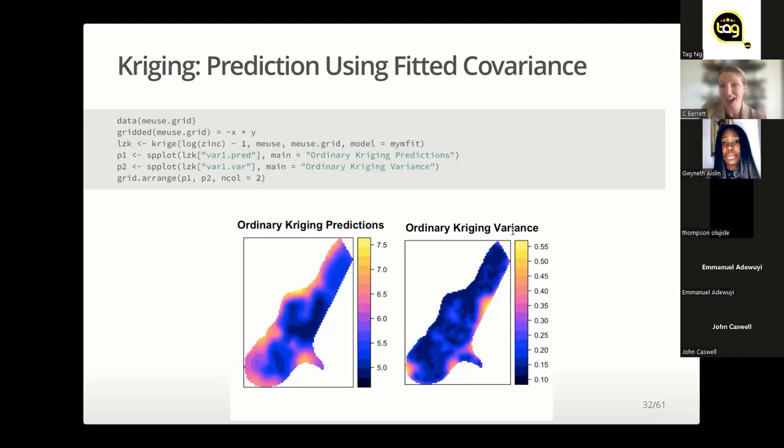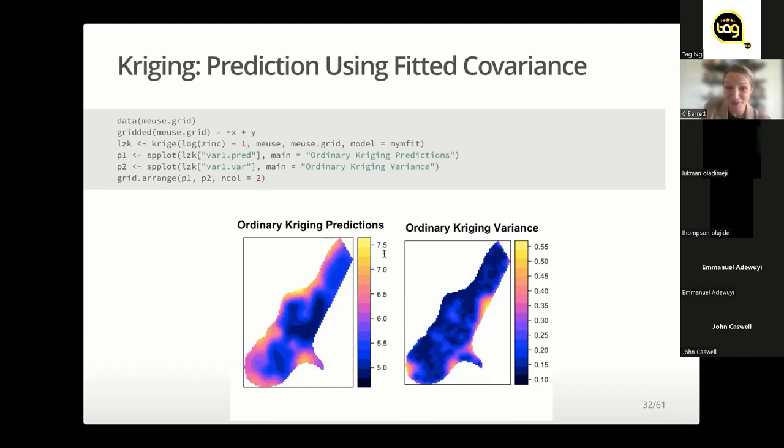And then I also think it's valuable to look at the variance. So we have higher variance at locations where we don't have data. Locations where we do have data, so we have more data up here, then the variance is lower. So our variance around those predictions ranges from about 0.1 to 0.55.